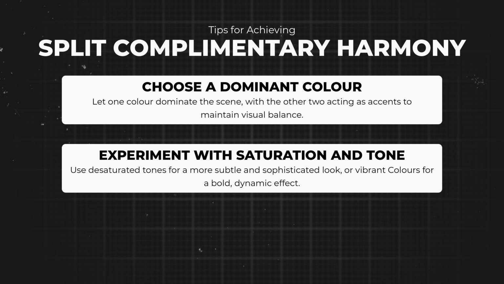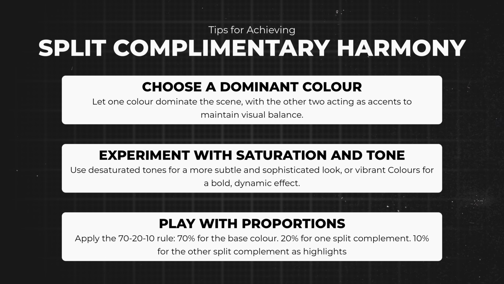Use desaturated tones to add a little bit more sophistication to your colours, as well as play with proportions. Apply a 70-20-10 rule, for example. So maybe 70% as the base colour, then 20% as one of the split colours, and then 10% as the other split colour, maybe as the highlight or shadow tones.